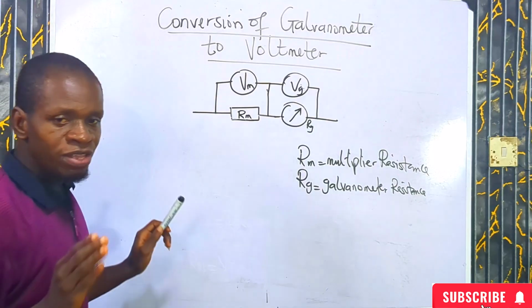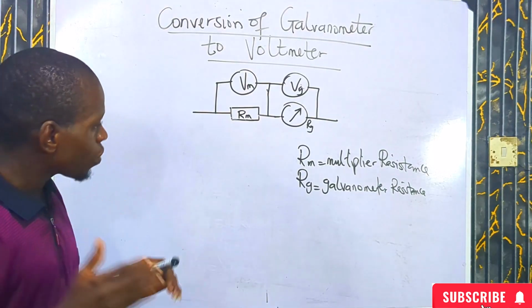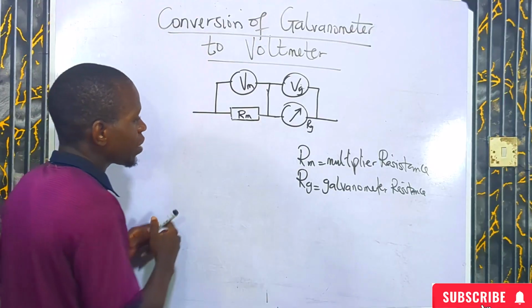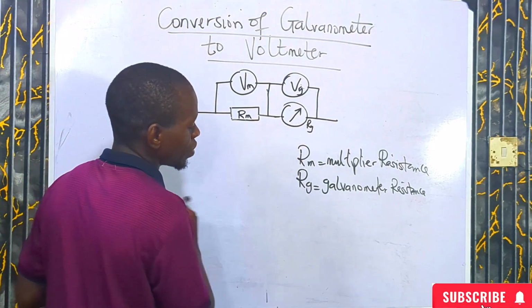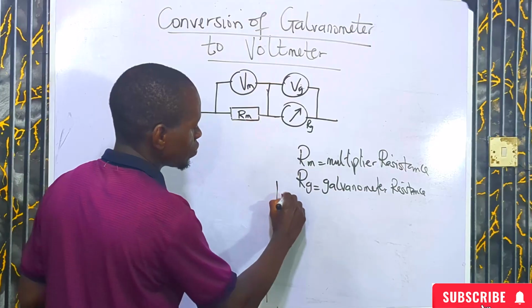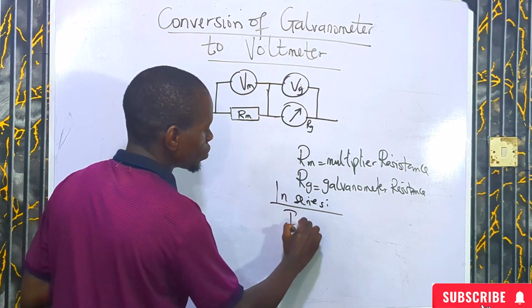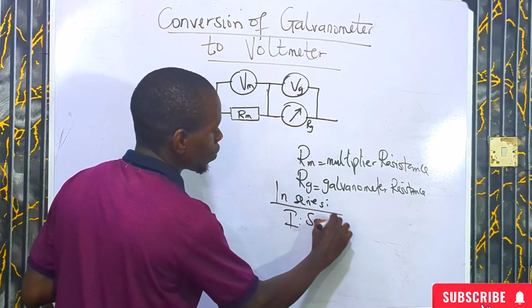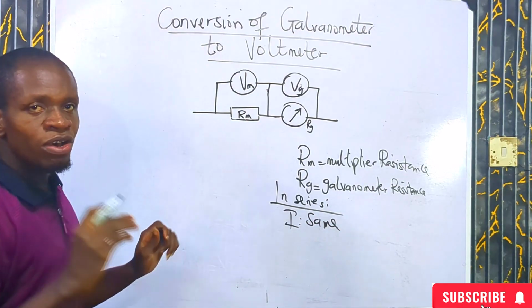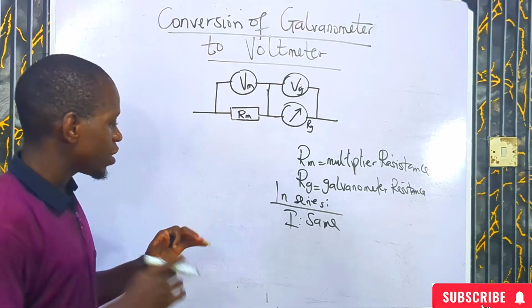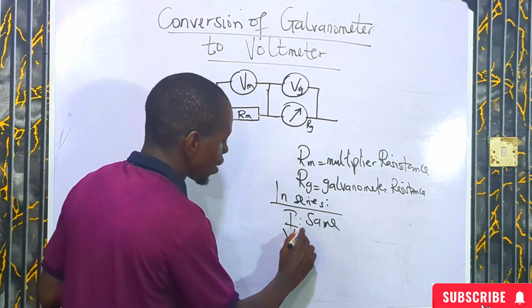Now, I believe you will recall that in a series connection like this, the current is always the same, but the voltage differs.